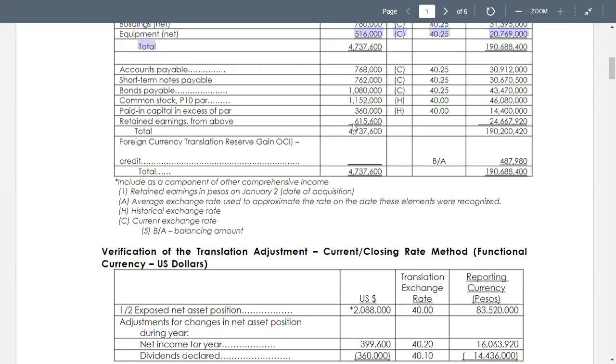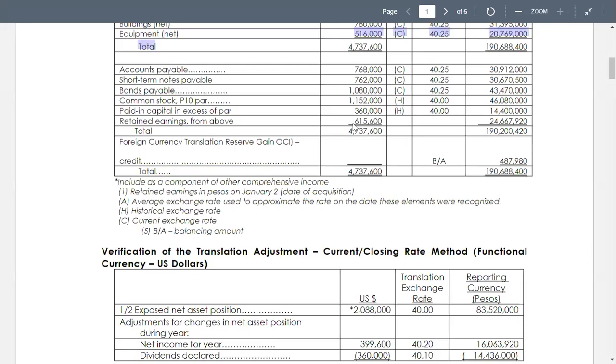Okay, let's begin identifying what will be translated by using 0.19A. Advertising expense, 0.19A, meaning average. Amortization, 0.19A. Depreciation expense, 0.19A. Salary expense, 0.19A. And sales, 0.19A.